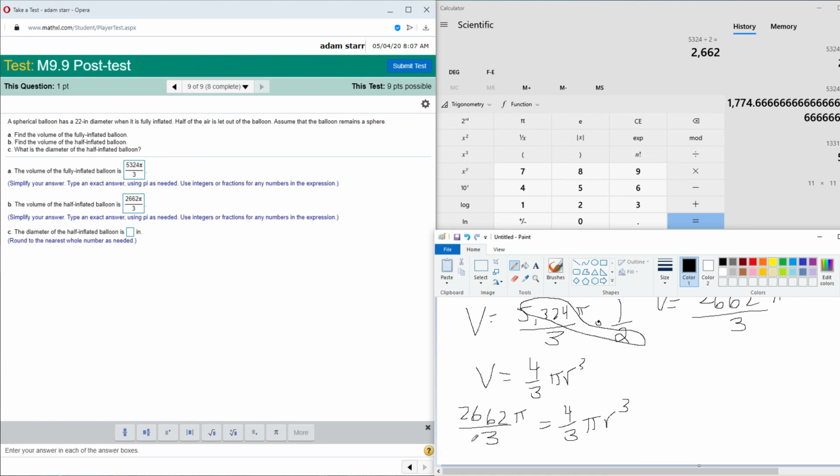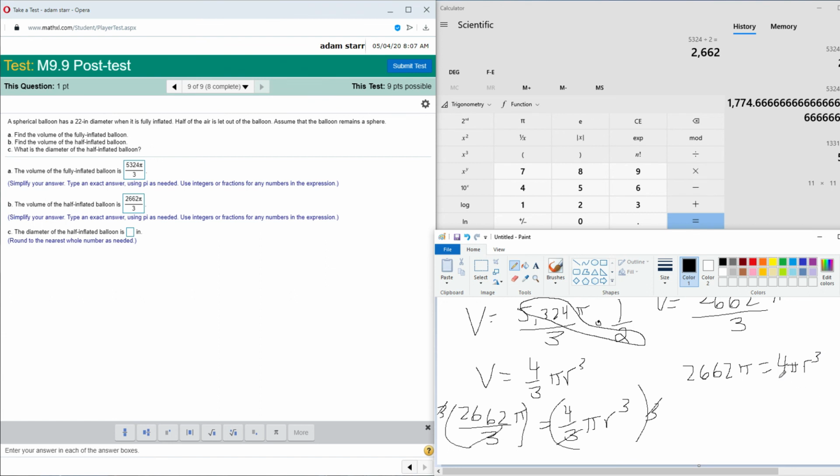If you notice, we have both denominators of 3. So if we multiply both sides by 3, the 3's are going to cancel each other out. So we don't have the 3's anymore. We have 2,662 pi equals 4 pi r cubed.